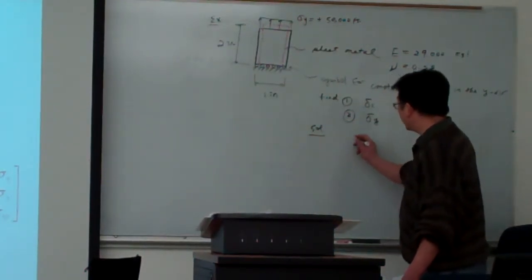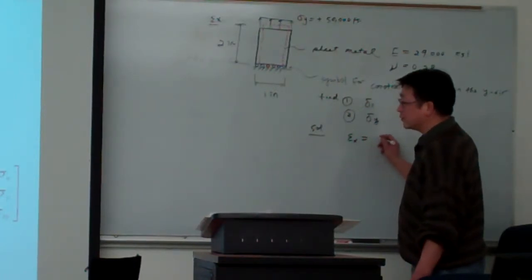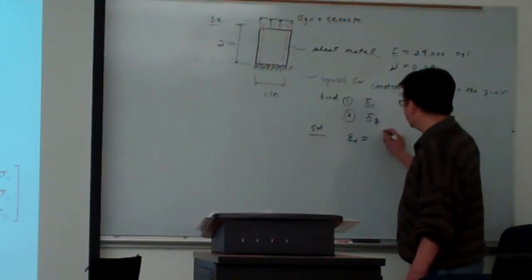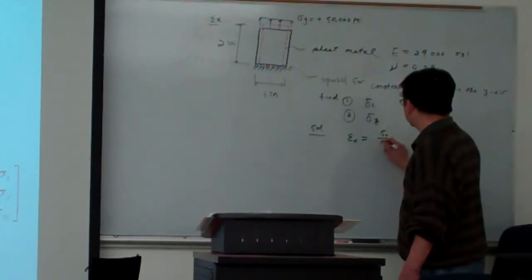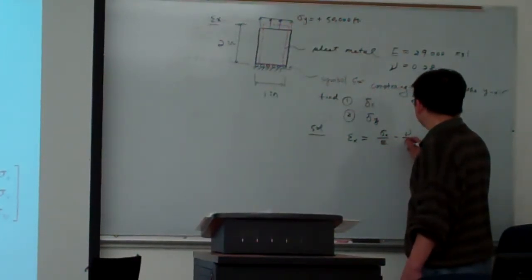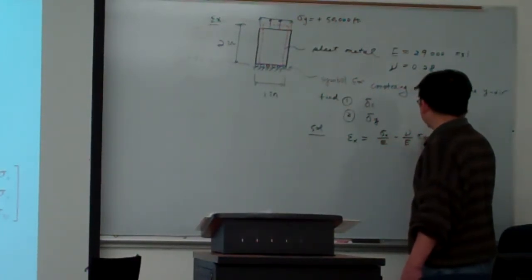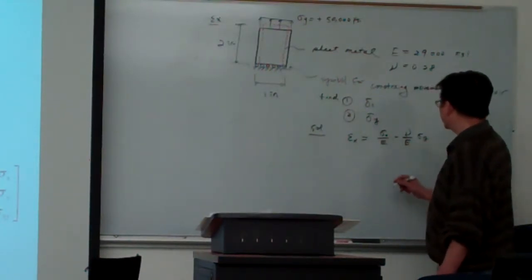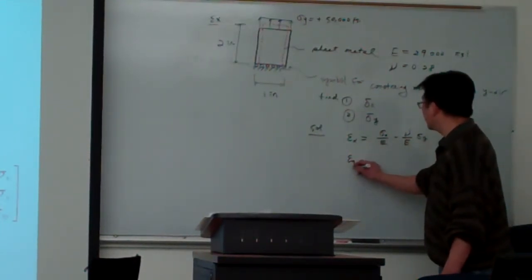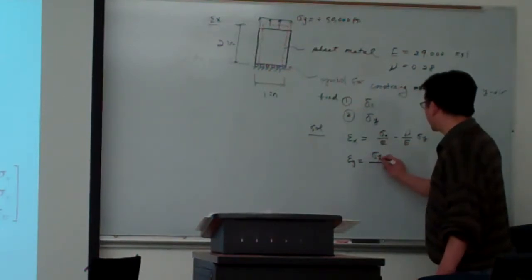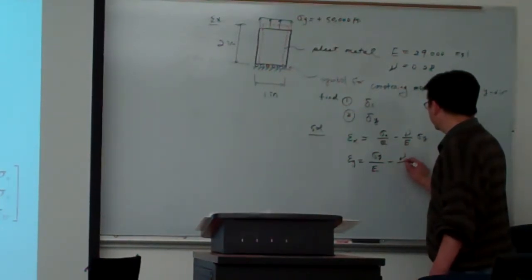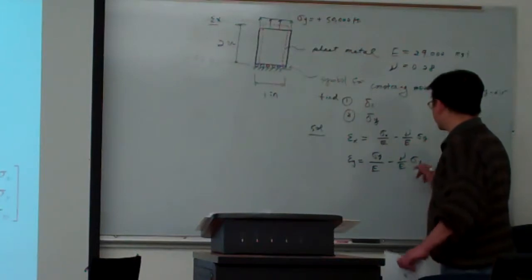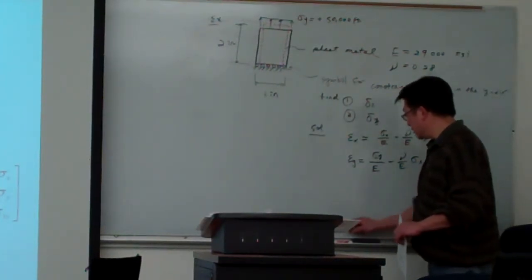From that formula, epsilon x equals minus mu sigma y over E plus sigma x over E, and then epsilon y equals sigma y divided by E minus mu sigma x. Now we plug in the information.